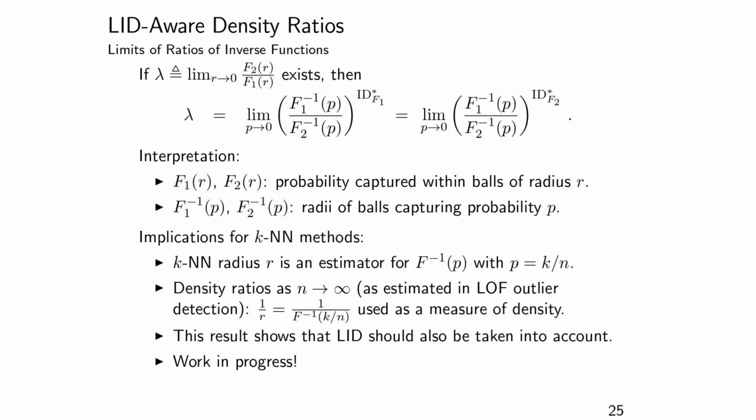So that means that methods such as LOF outlier detection, which use density ratios in their formulations, use them in the form of an inverse distance in a simplified form. This result essentially shows that the LID should also be taken into account, that there is a modeling error that comes with using inverse distance as a direct proxy.